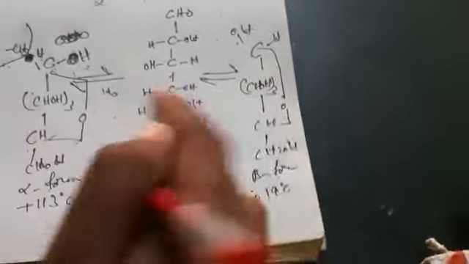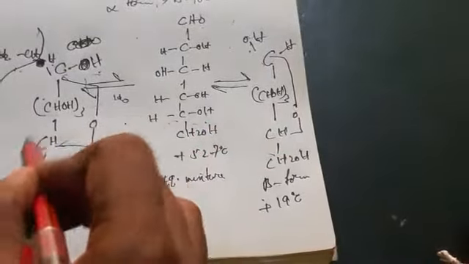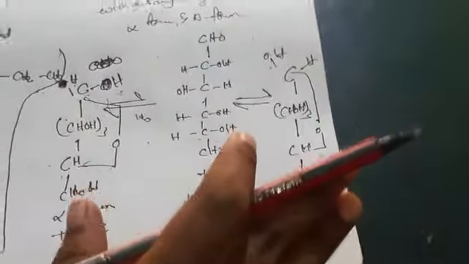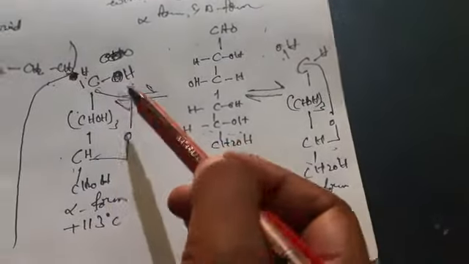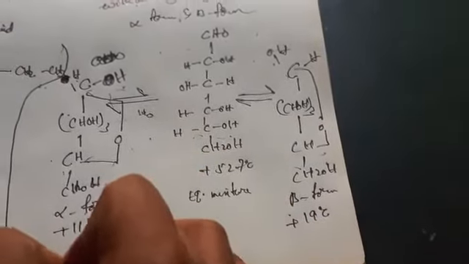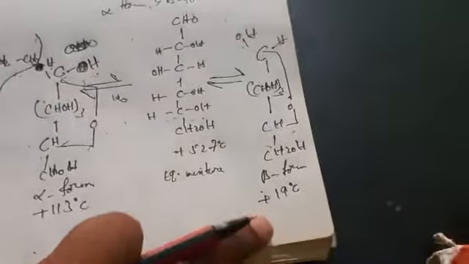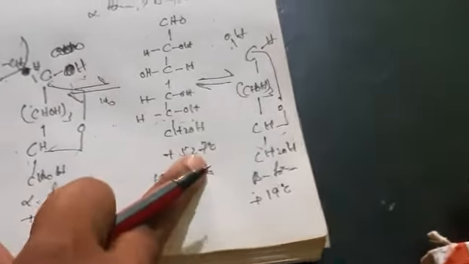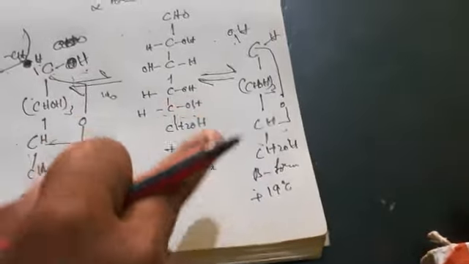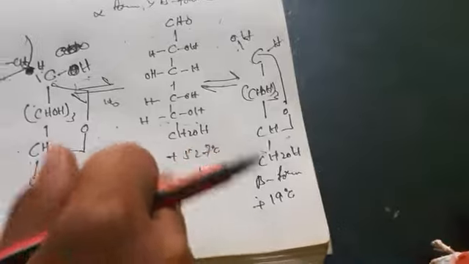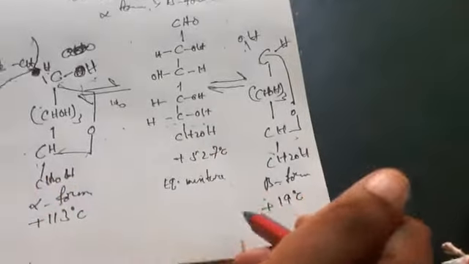So take any one of these two structures. When you treat with water, automatically the alpha form that is present decreases and the beta form increases. It increases until the equilibrium constant value of glucose is obtained.